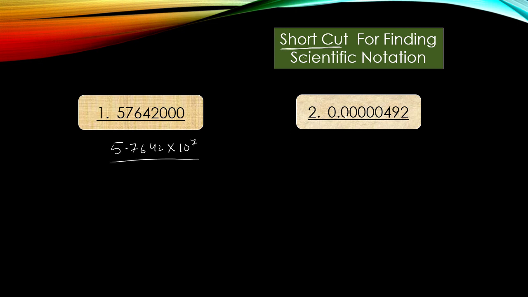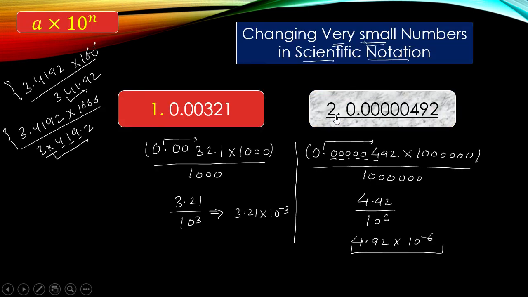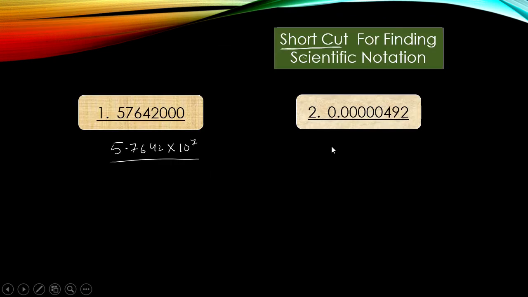Now in the second example, we have solved the example earlier. Now let's see what is the result. The result is 4.92 multiplied by 10 raised by minus 6. Now let's see what is the short key.